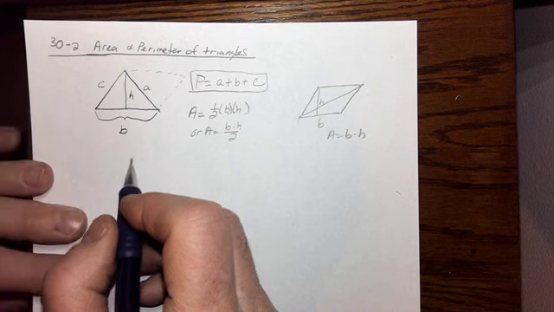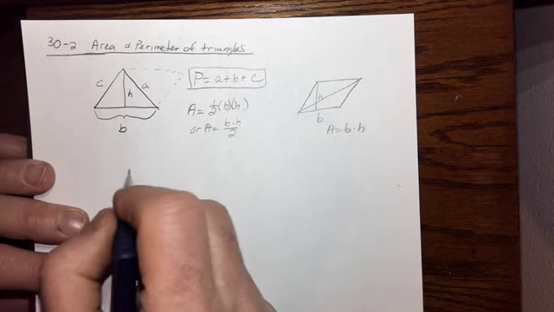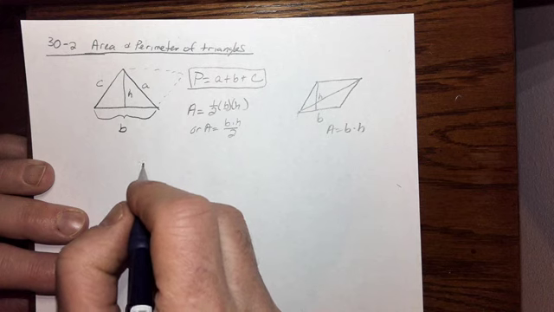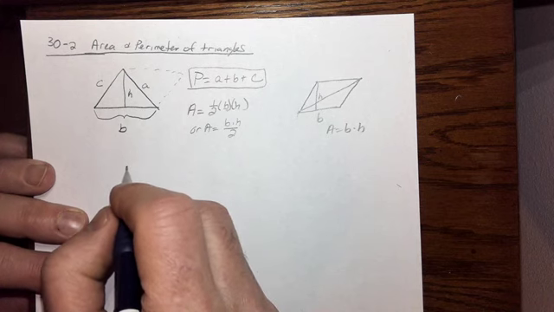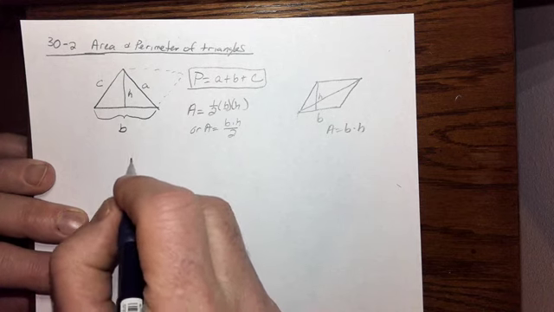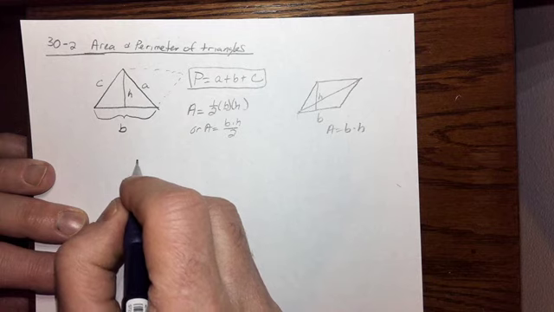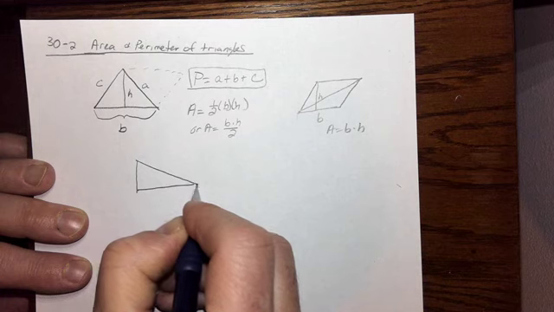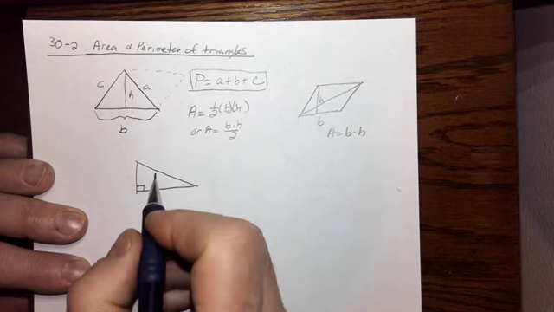And so again, an example of the type of problem you're going to have would be if you were given a triangle. Let's say we gave you a triangle that looked like this. I'll make a right triangle.